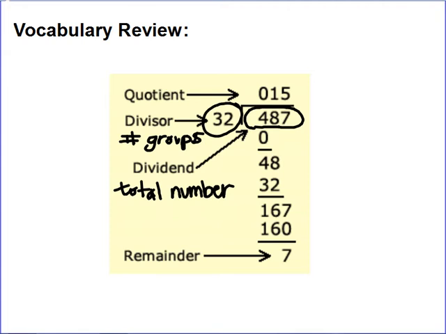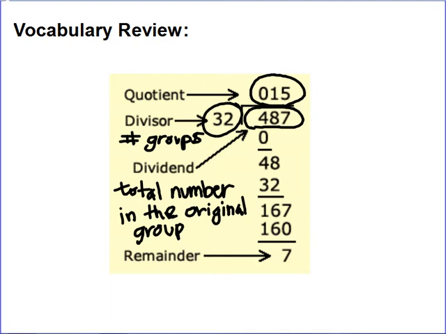Right? So whenever you start a division problem, you have one group. This is the total number in the original group. Right? Then our quotient, which is our answer. Right?